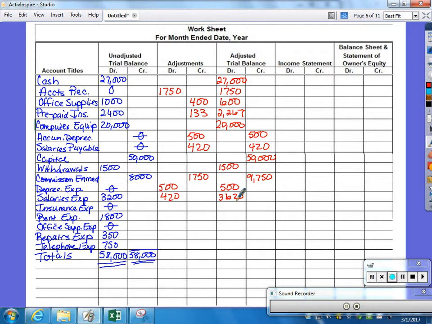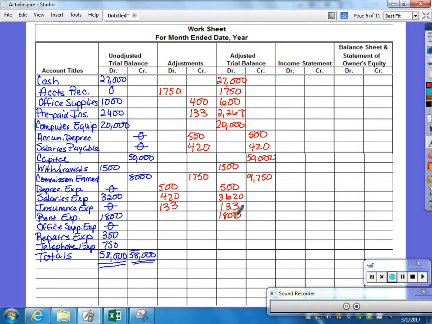And what about insurance expense? Increased by how much? 133, which means the new balance is 133. Rent expense did not change, so we just bring it over, 1,800. What about office supplies expense?